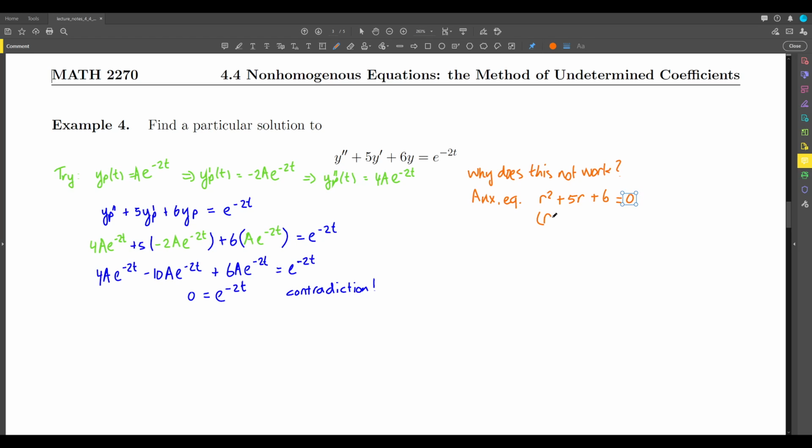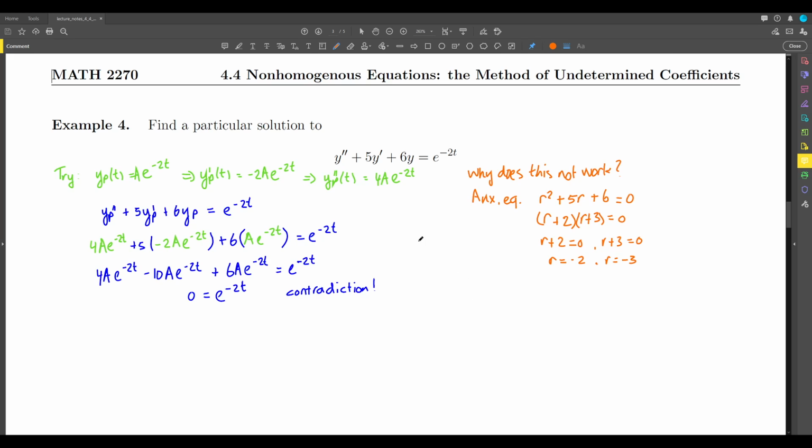We factor that: r plus 2 times r plus 3 equals 0. And so r plus 2 equals 0, and r plus 3 equals 0. So r equals negative 2, or r equals negative 3.